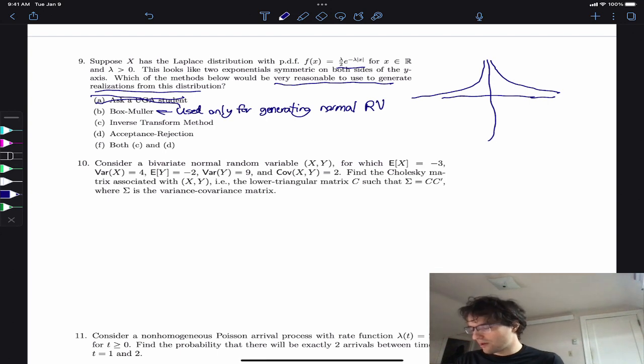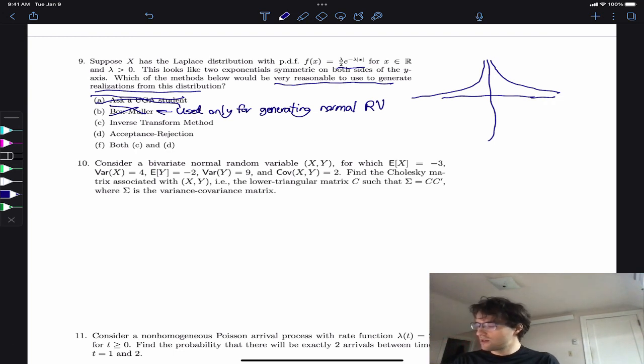The inverse transform method. Before I move on to it, Box-Muller is only used for generating normal random variables, and this is a Laplace distribution, which is not normal. So that's not the answer. C, the inverse transform method.